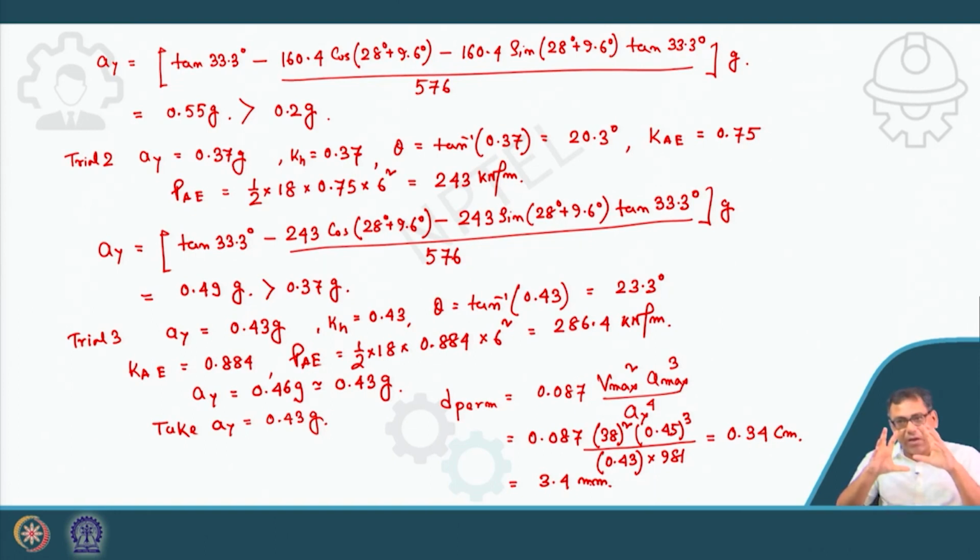If your AY, the yield acceleration, is much less than the A max, then you will get more deformation. But here, as both the values are very close to each other, that means it is 0.44 or 0.43, and the other is 0.45, that's why I am getting around 3 millimeter settlement. Clear?